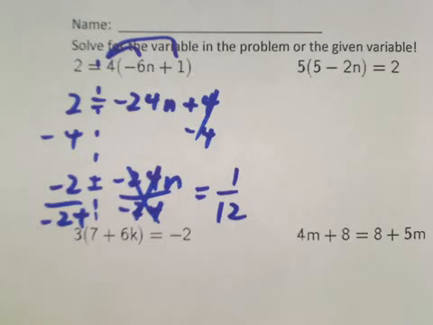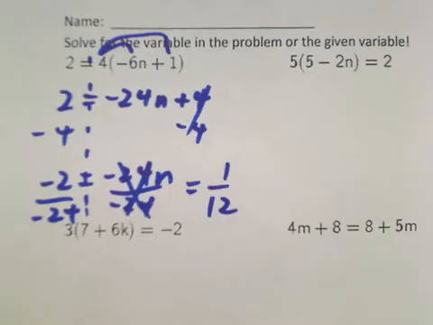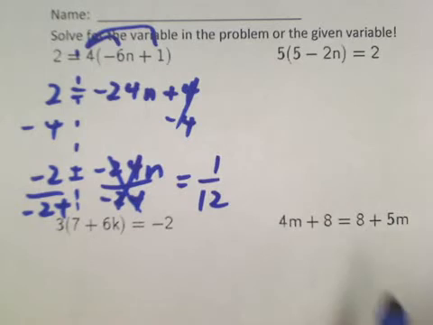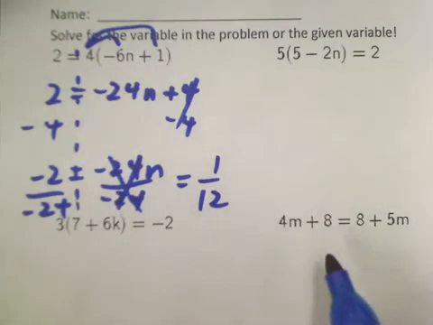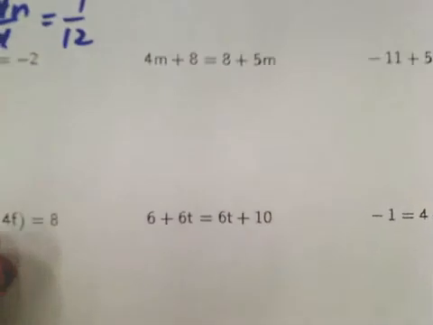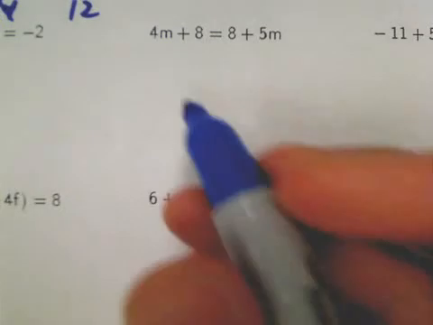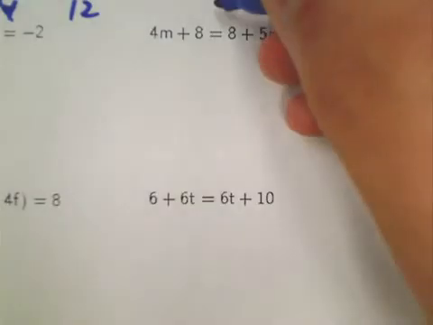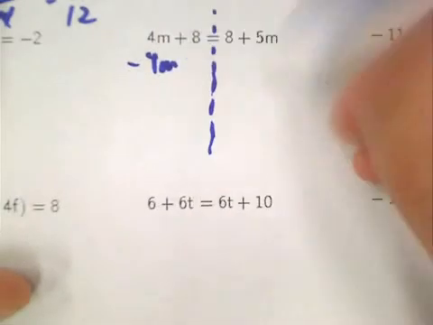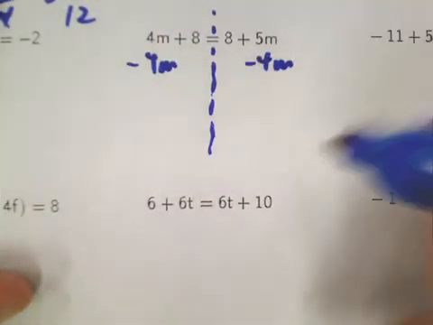Okay, let's do one of the variable on both sides ones. In fact, let's do this one right here. So I'm going to scooch down 1 and to the right 1. Okay, let me see. I have variable on both sides, so I need to subtract away one of them. Now, let's subtract away 4m on both sides. Minus 4m, minus 4m.